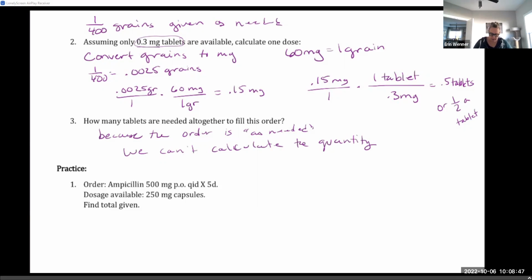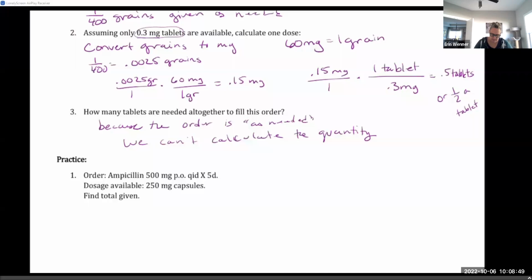In number 2, it says our order is ampicillin, 500 milligrams, PO, QID, X5D. What does this mean? First of all, PO means by mouth. QID means 4 times a day.